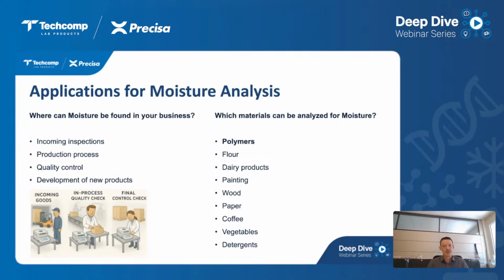Then also in between the different processes, there is a quality check going on, to check whether the previous step is good and the product is good to go to the next step. And of course, the final control check where your products are being analyzed, whether they're good to go to sale and to the customer.